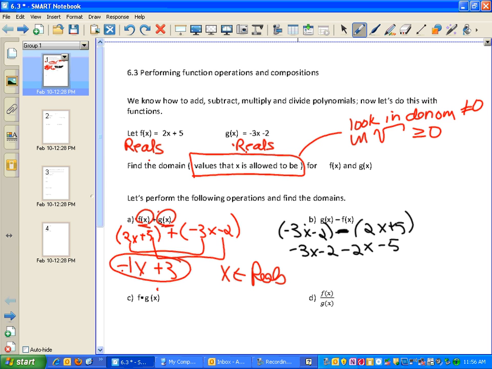So when I combine these, I get negative 5x minus 7. So that is the combination of g of x minus f of x, but we still have to ask what the domain is. So you ask yourself two questions: is there a denominator, is there a square root? The answer is no, so I still have that x is an element of the reals.